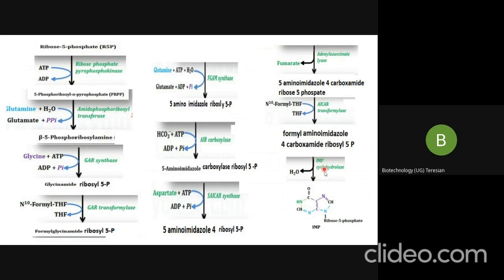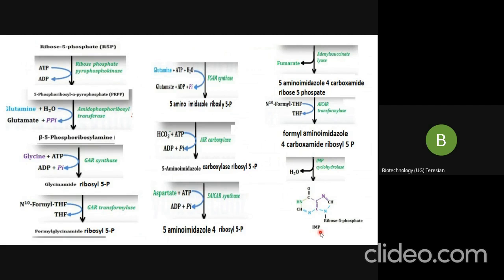This is followed by the production of inosine monophosphate, and this inosine monophosphate can then enter into the reaction to produce AMP and GMP. So this is the whole reaction which speaks about the details of purine synthesis or metabolism.